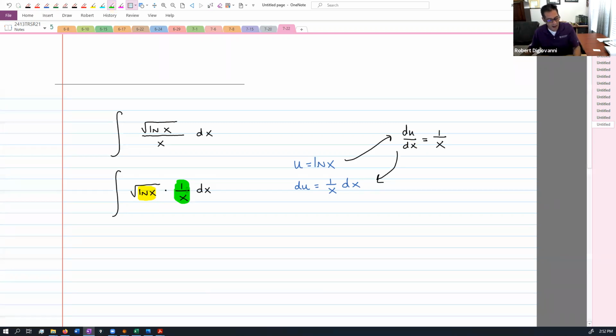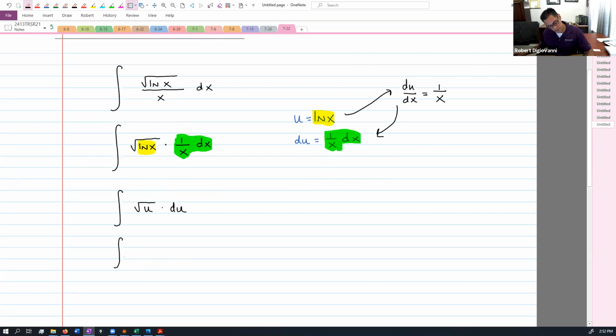Things match exactly, right? This green matches exactly with that green. This yellow matches exactly with that yellow. And so now we can rewrite the problem. This becomes the antiderivative of the square root of the yellow thing, which is u, times 1 over x dx, which is exactly du.